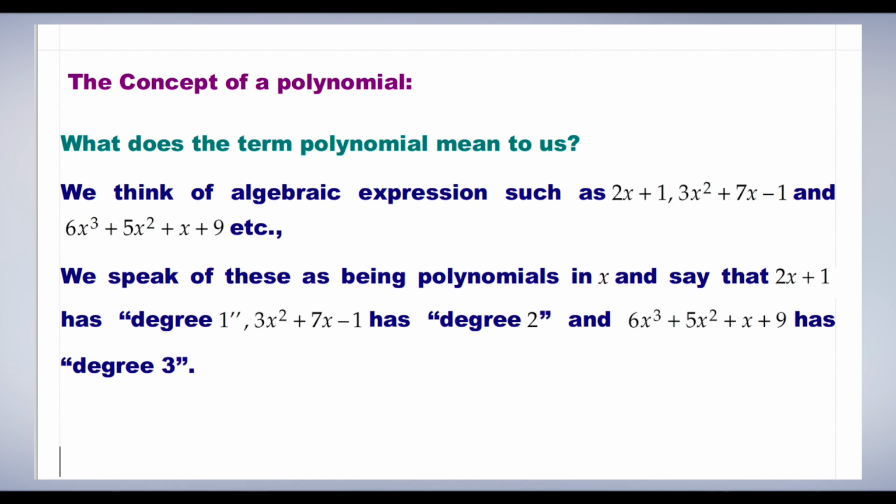We think of algebraic expressions such as 2x plus 1, 3x square plus 7x minus 1, and 6x cube plus 5x square plus x plus 9, etc. We speak of these as being polynomials in x and say that 2x plus 1 has degree 1, 3x square plus 7x minus 1 has degree 2, and 6x cube plus 5x square plus x plus 9 has degree 3.